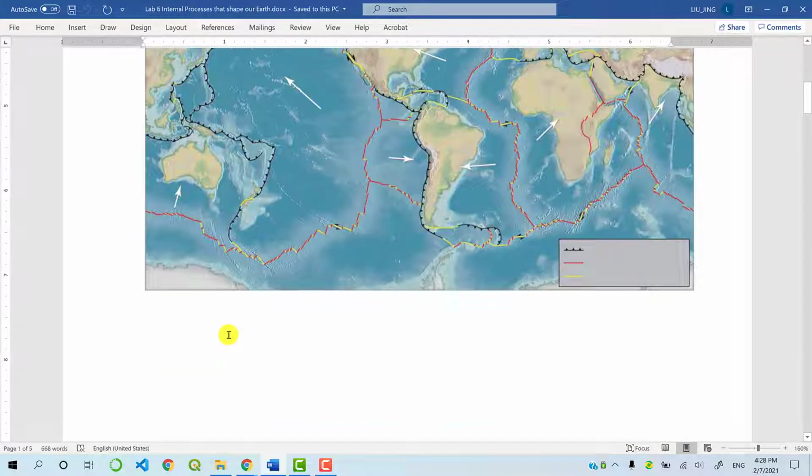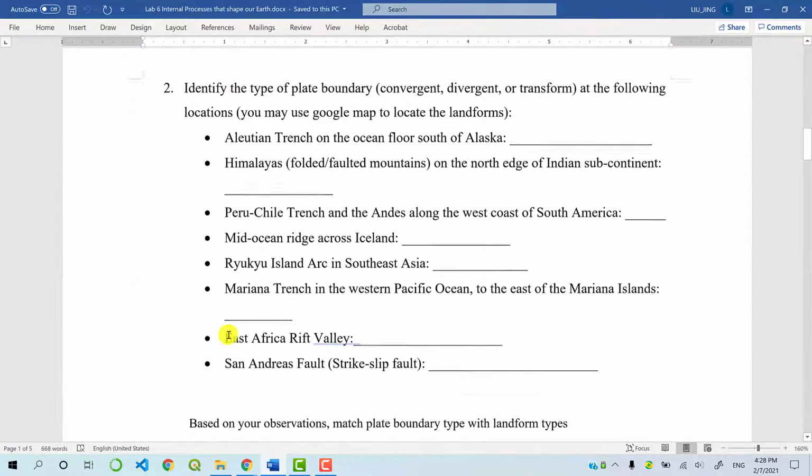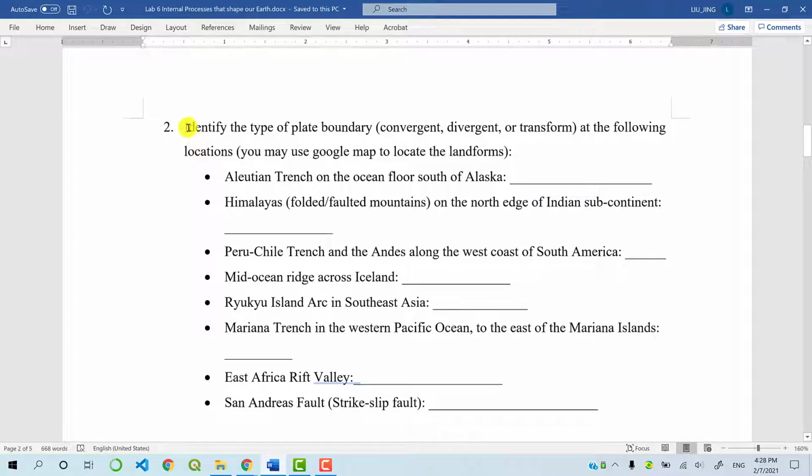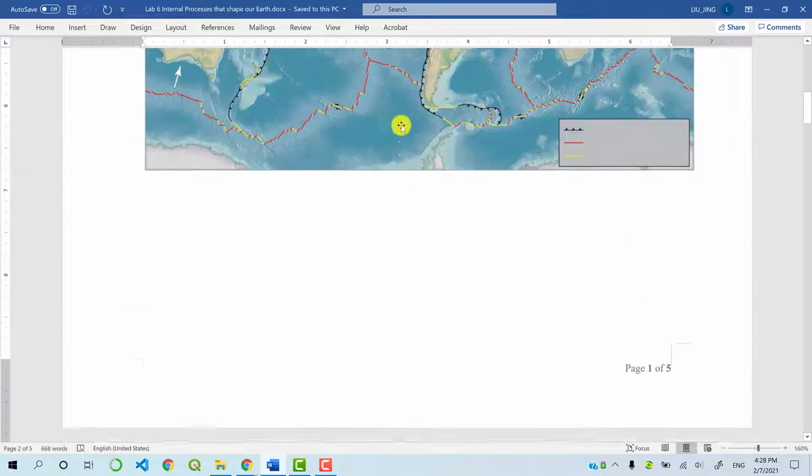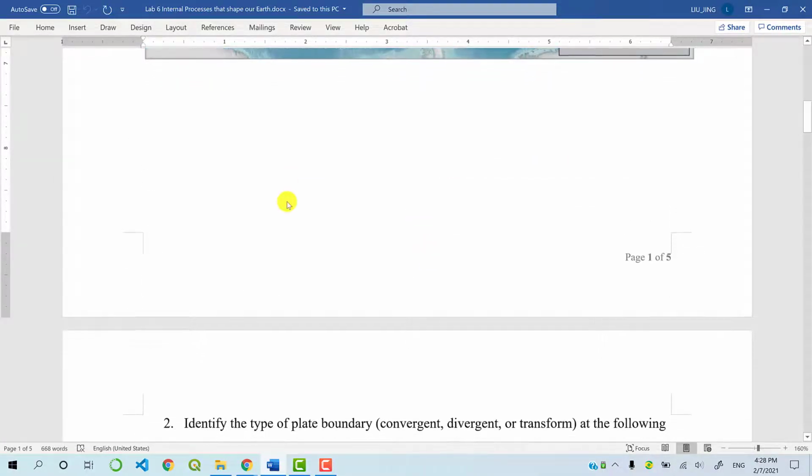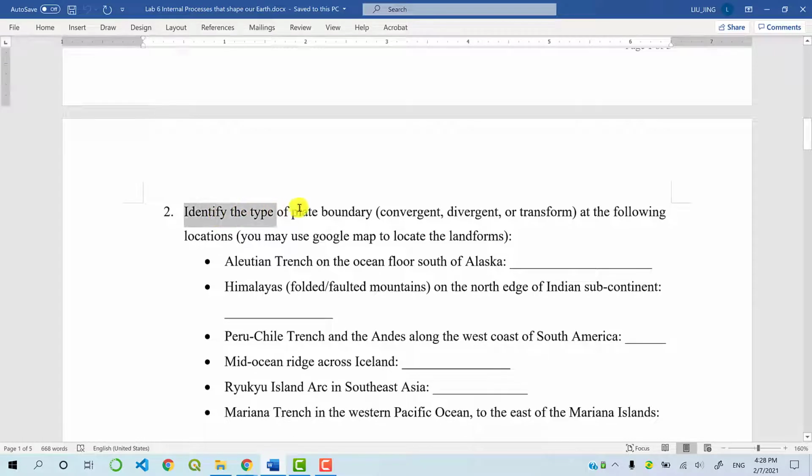Let's see the second question. When you have those plates and know which is which, you want to identify the type of plate boundaries, convergent, divergent, or transform, at the following locations. Where is your Aleutian Trench on the ocean floor south of Alaska?